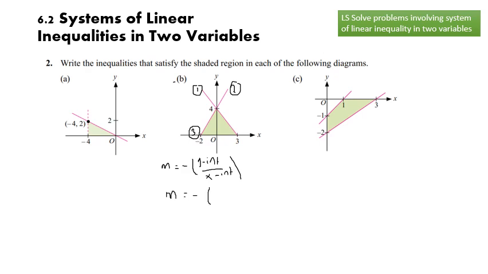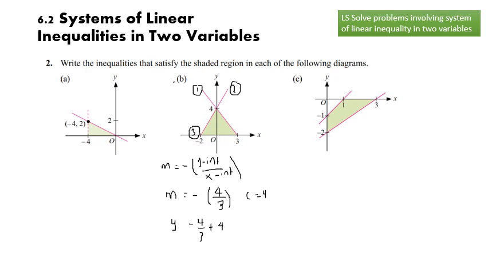So y-intercept is 4 and our x-intercept is 3. So the gradient is 4 over 3. And as I can see, the value of c here is 4. So means my equation is y equals negative 4 over 3 x plus 4.